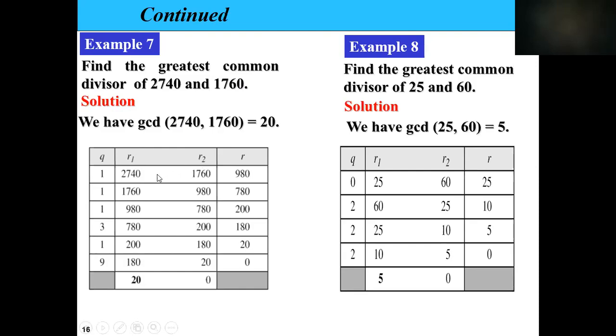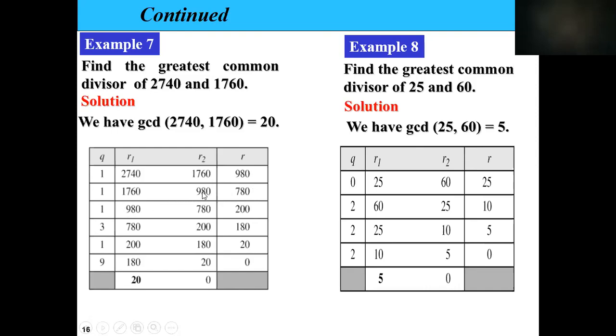If you divide 2740 by 1760, the remainder is 980 and the quotient is 1. You place this element over here and this over here, then divide 1760 by 980. The remainder is like this one, and the quotient is 1.